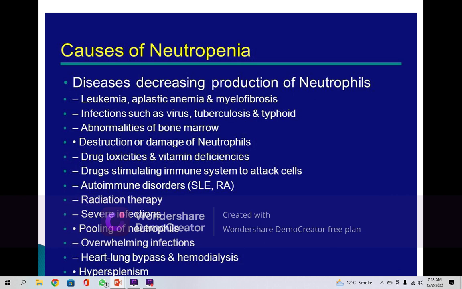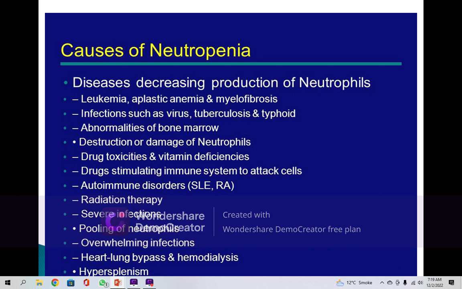Radiation therapy, yes, will cause destruction of the active bone marrow. It will cause neutropenia, even all series are affected. In very severe infections, it should be neutrophilia.